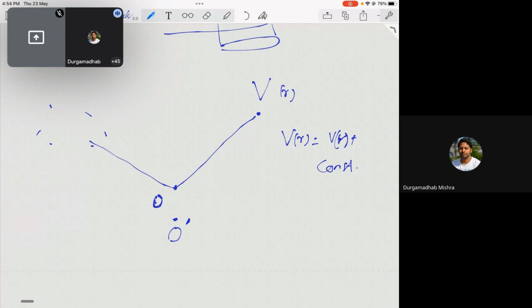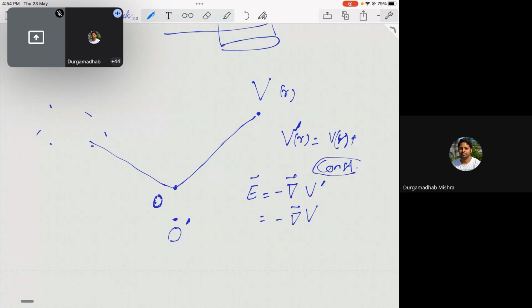Now if I want to calculate the electric field, which is the gradient of V, let's say I define a new function V prime. If I take the gradient of V prime, it is simply the gradient of V, because if I have any constant term, its gradient will be 0.